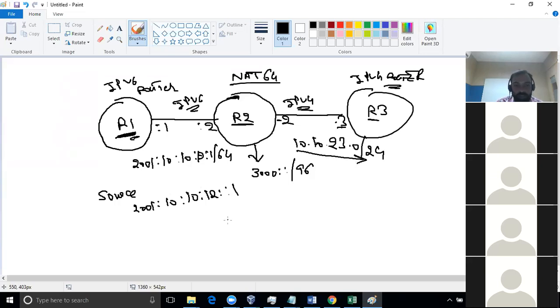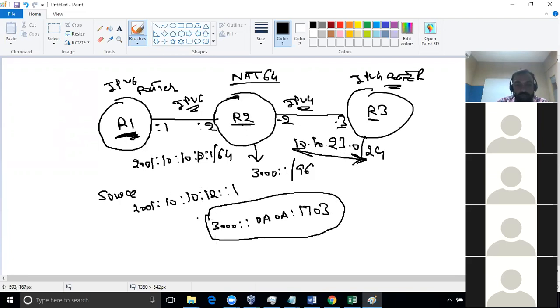So from router 1, the destination will be 3000, and then the 32 bits of IP version 4. That means you need to convert it. The router is doing this automatically, but in order to test it, 0A, convert this number into hex. 23 is known as 17, so 1703. So router 1 sends traffic to this destination.